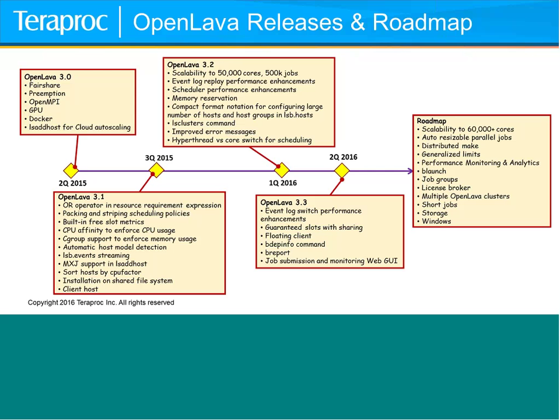In some cases the interface is the same when we implement, but in other cases we work with customers and find that there's a better, more convenient interface. From an implementation perspective, we also look at it and say there's a more efficient way to do it.